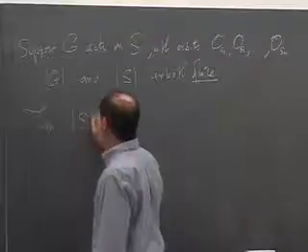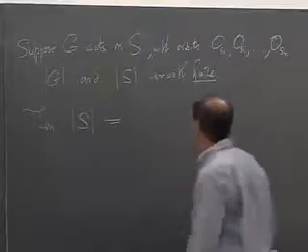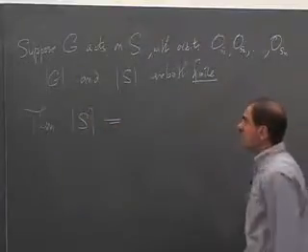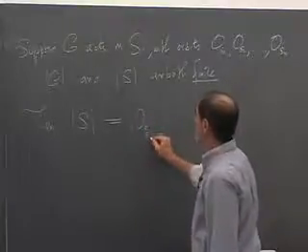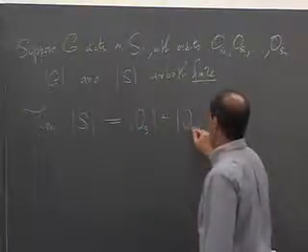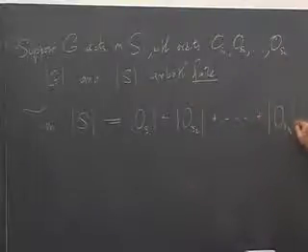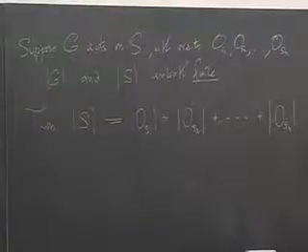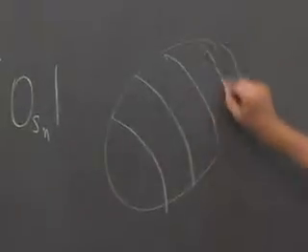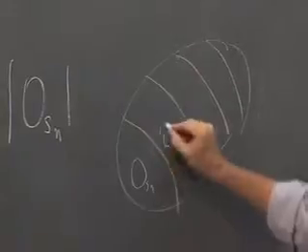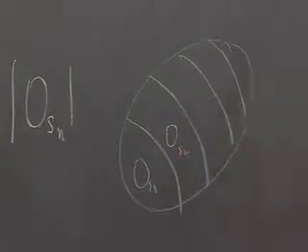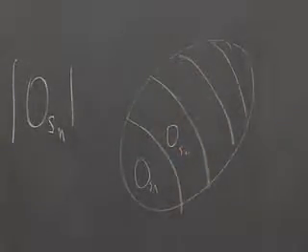the order of S is, of course, the sum of the size of the orbits, because the set S is itself decomposed as a disjoint union of the orbits for G. So if you add up the elements in the different orbits, you get the total number of elements in the set.